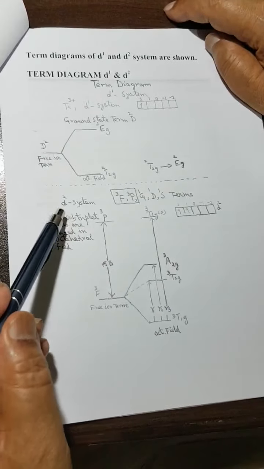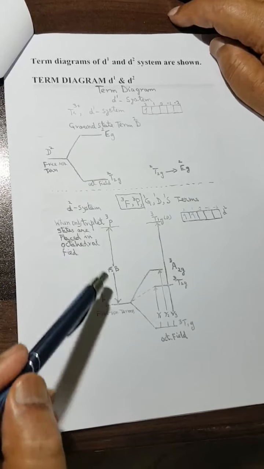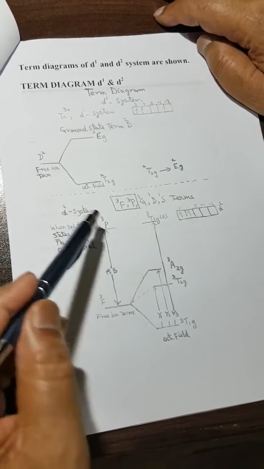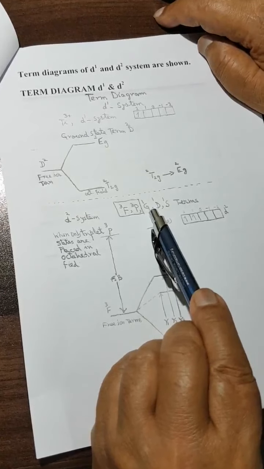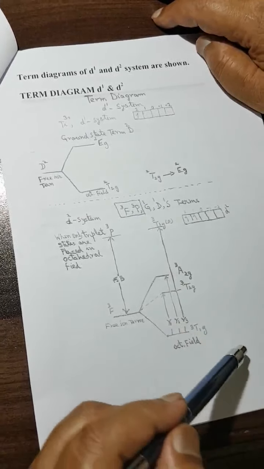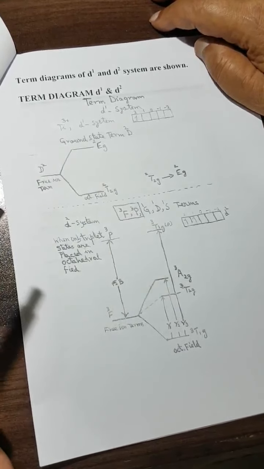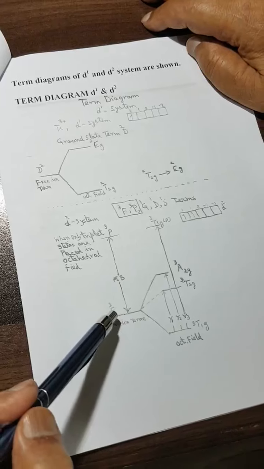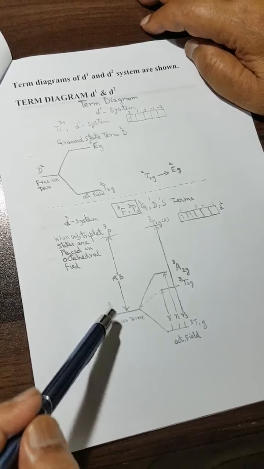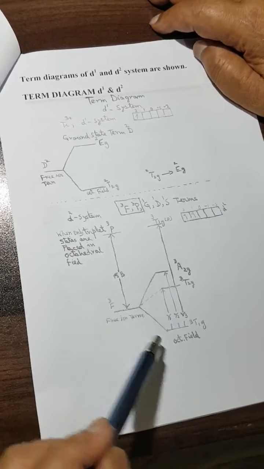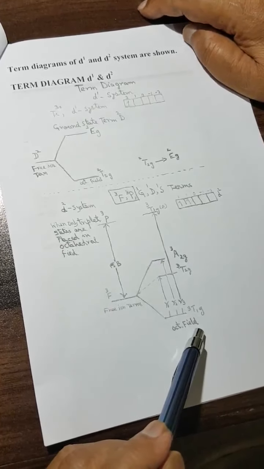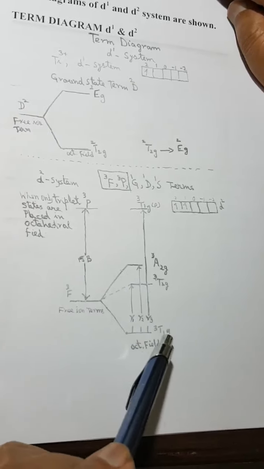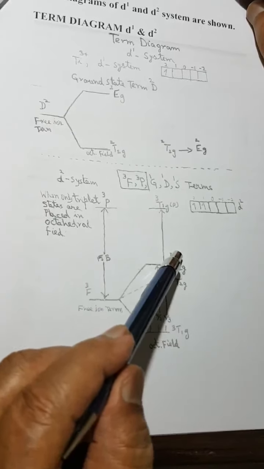Now this is different. There are triplet states and also singlet states, and it becomes a very complicated diagram. Here I'm just showing two triplet states, and a triplet F free ion term. When this is put in the octahedral field, it splits into this, this, and this.